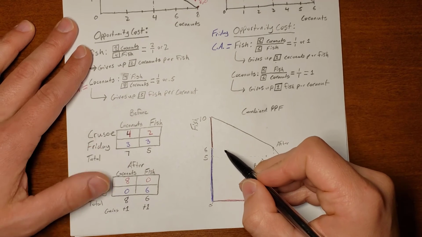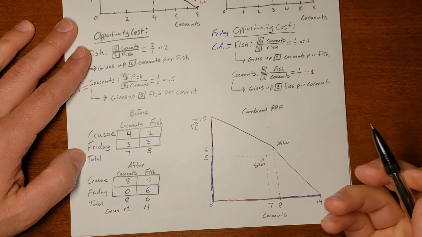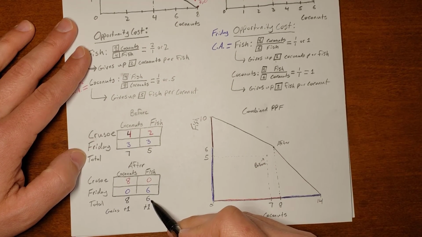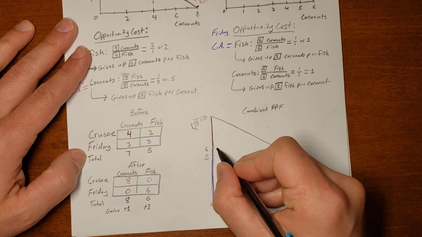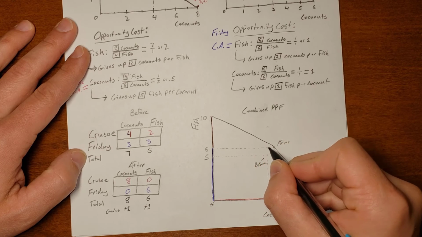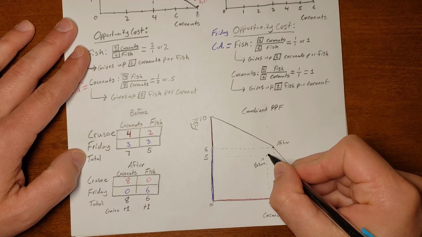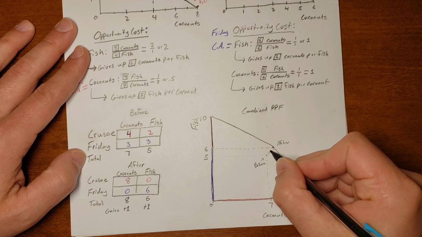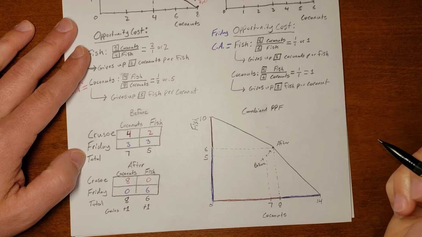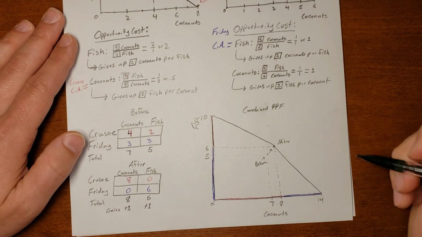Okay, and the number of fish that we are actually producing after specialization is 6. Okay, so we're producing here. We've actually grown outside our PPF. So our PPF is actually getting bigger to some extent.